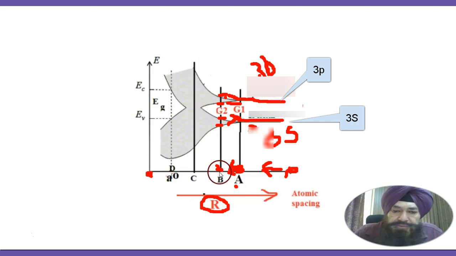So when you are at P, 3p is split from this level to this level, and 3s is split from this to this level.